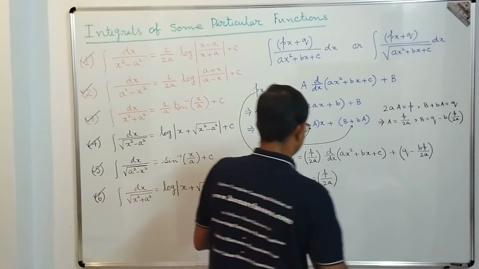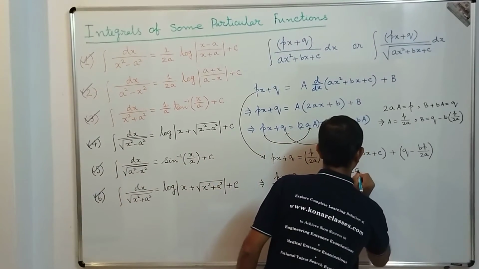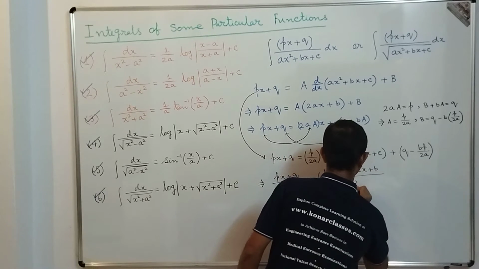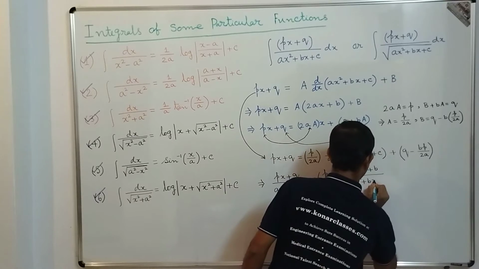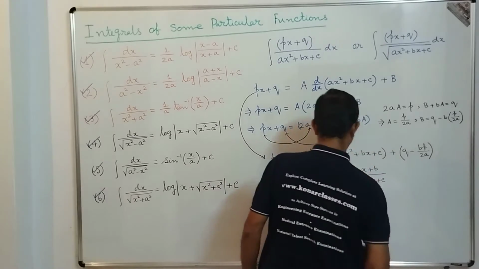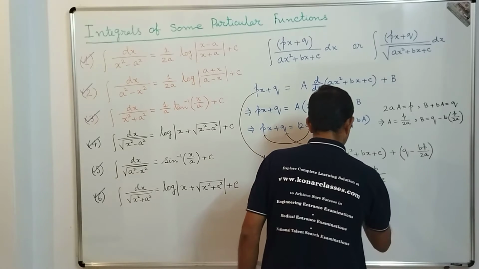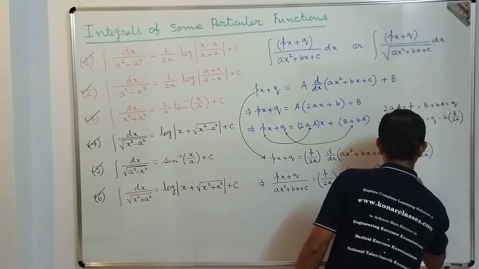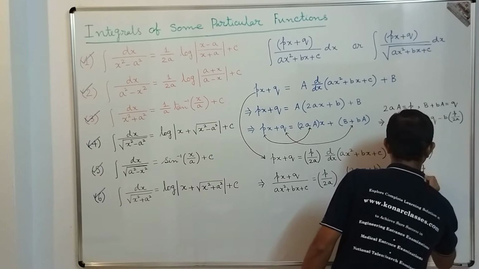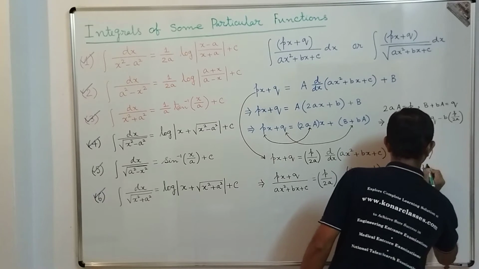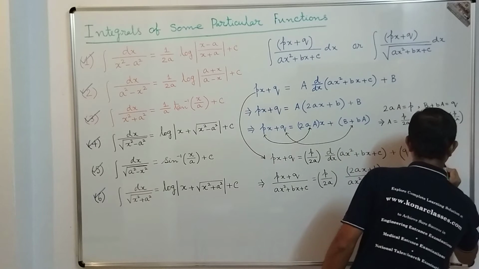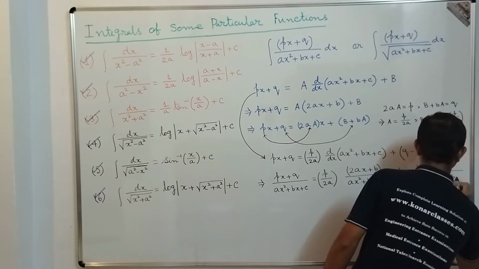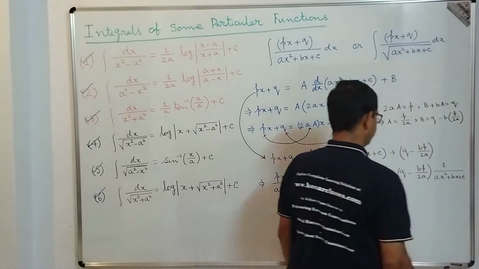So what we can write here is 2ax plus b divided by ax square plus bx plus c, plus q minus b into p divided by 2a into 1 by ax square plus bx plus c.